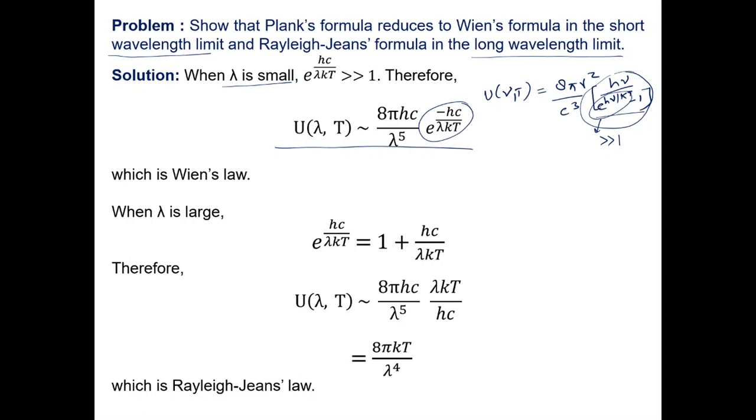On the other hand, if lambda is large, the bottom part can be written as 1 plus hc by lambda kt.